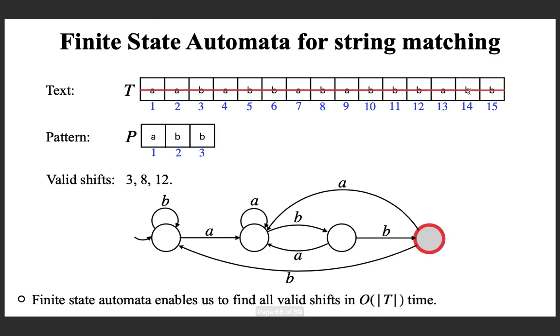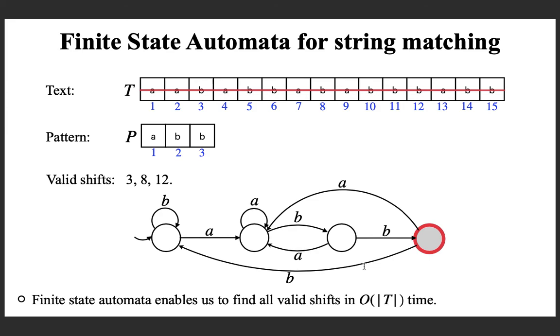Now, we see that finite state automata enable us to find all valid shifts in the order of the number of elements in the input. So, this is a linear time algorithm once this automaton is given.